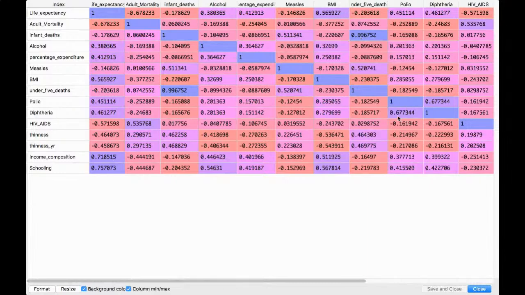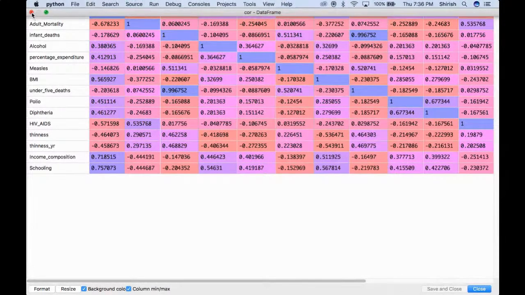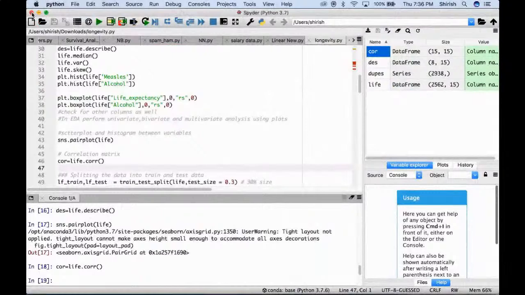If you have 0.677, diphtheria with polio. So a very negative relationship here, diphtheria with HIV. So this matrix will not only give a single combination, but also the relations between the variables and between the output variable and the input variables.